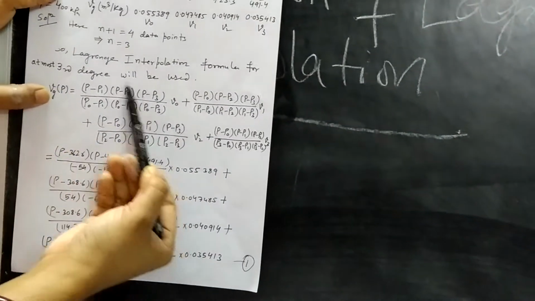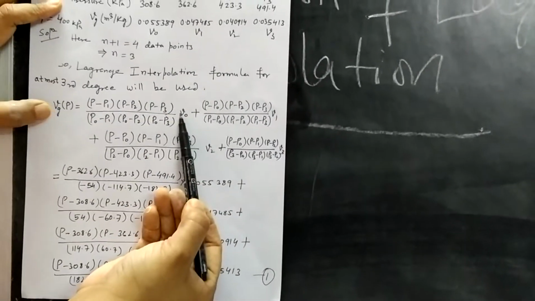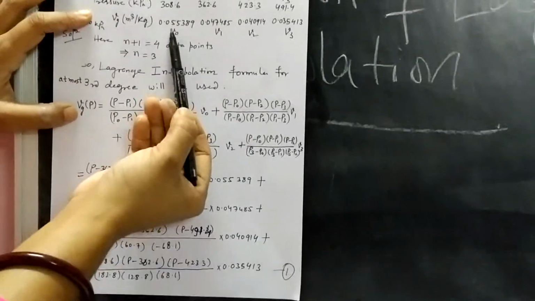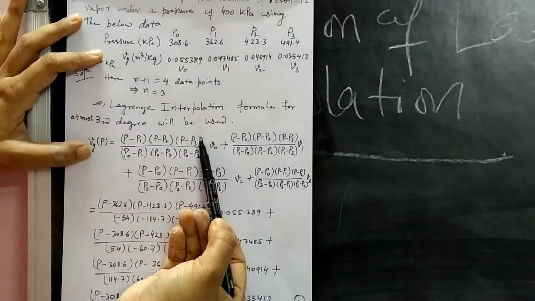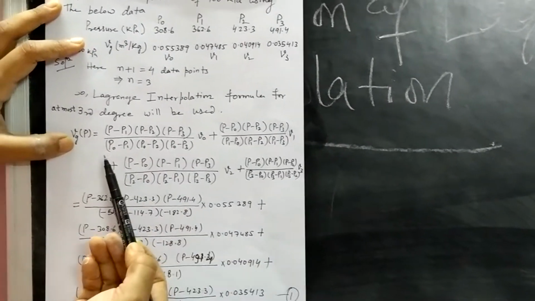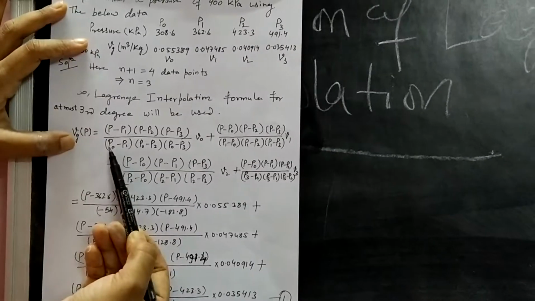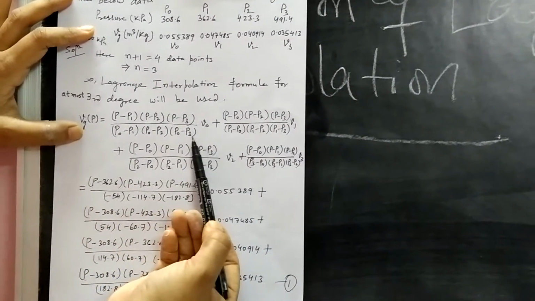Now what is the trick to remember this formula? For V0, for the data point P0, V0 we are considering, so in the numerator we will not take P0. We start from P minus P1, and in the denominator we take the distances from P0 to every point, P0 minus P1, P0 minus P2, P0 minus P3.